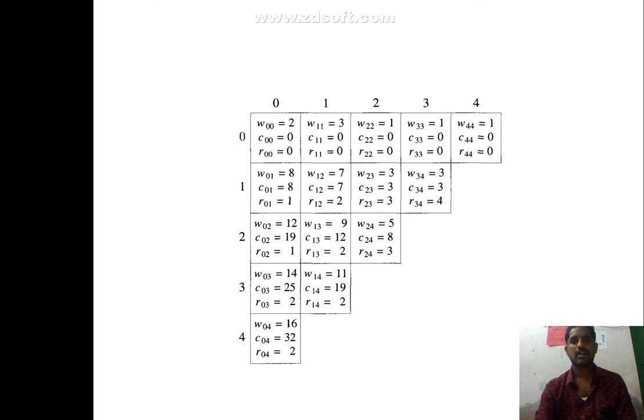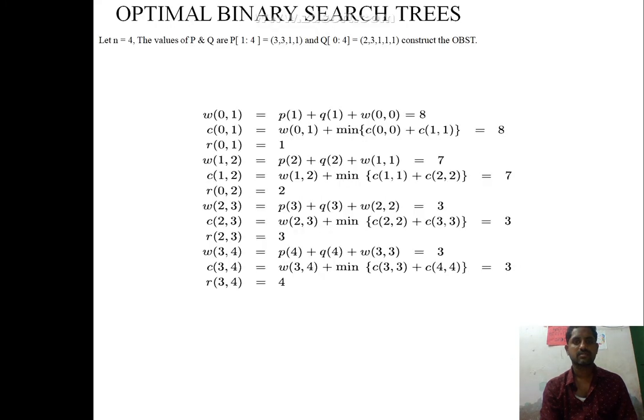Initially, W00 equals 2, W11 equals 3, W22 equals 1, W33 equals 1, W44 equals 1.